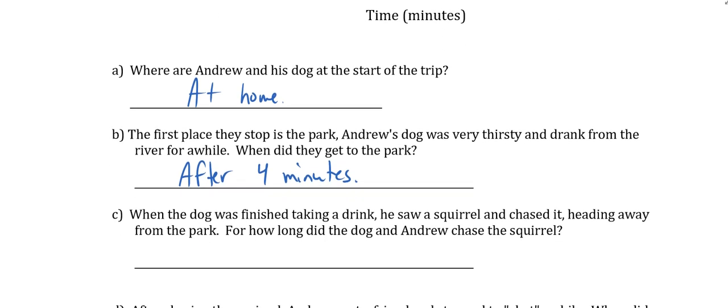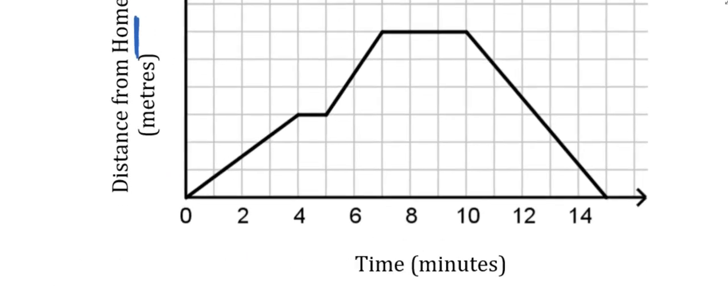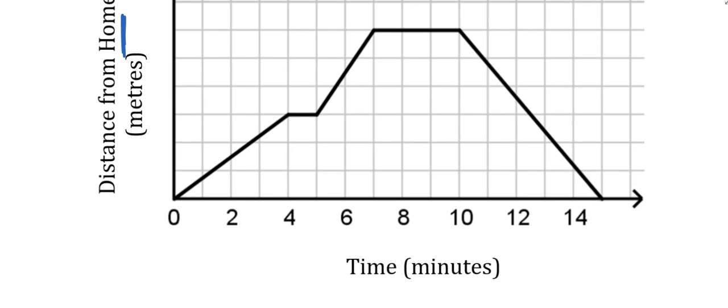When the dog was finished taking a drink, he saw a squirrel and chased it, moving away from the park. For how long did the dog and Andrew chase the squirrel? What do you think is happening there? Justin, what do you think? Why do you say 3? Five to 7 is how many minutes? 2 minutes.